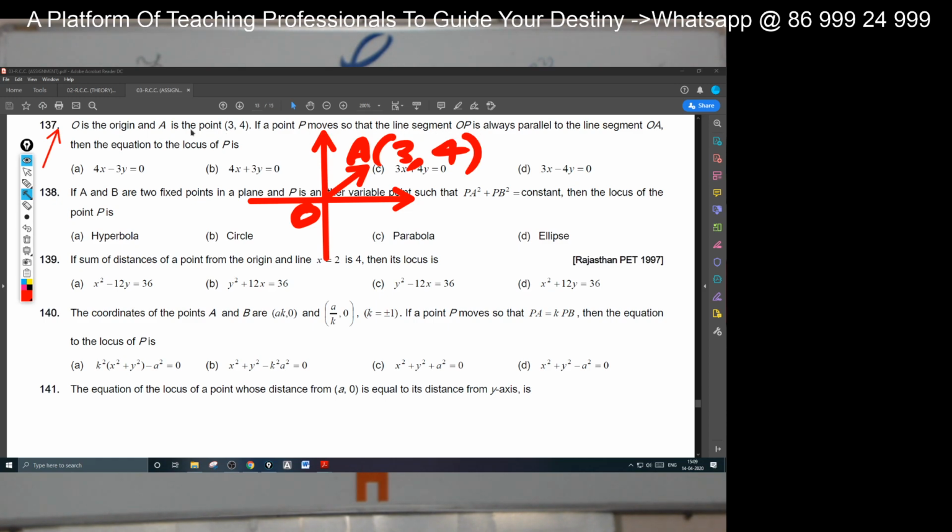Parallel to OA means both are passing through the origin and hence P also lies on this OA only. So let me write P here somewhere.